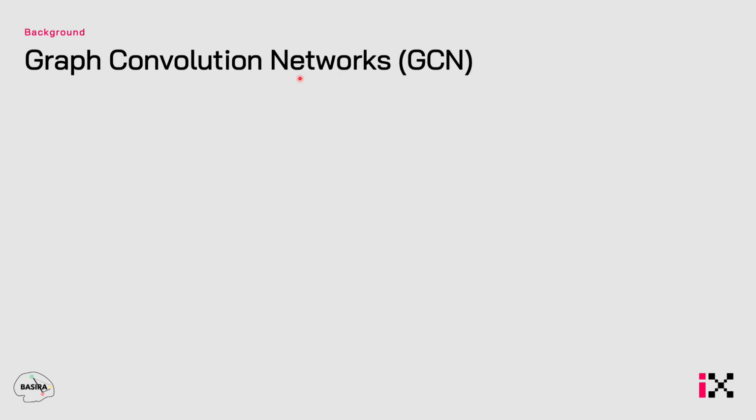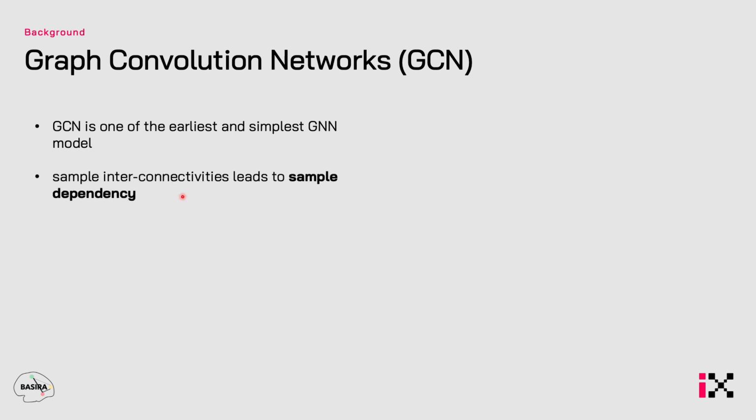For example, take the graph convolutional network, which is one of the earliest and simplest GNN models. In GCN, sample interconnectivity causes samples to be dependent on each other, and each GCN layer consists of two phases, aggregation and transformation. Aggregation is the process of aggregating adjacent node embeddings, whilst transformation is the process of transforming the embeddings through weight multiplication.